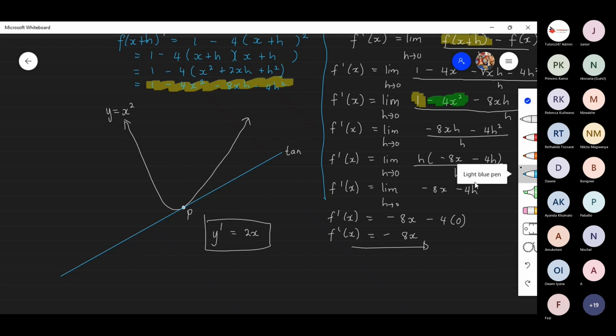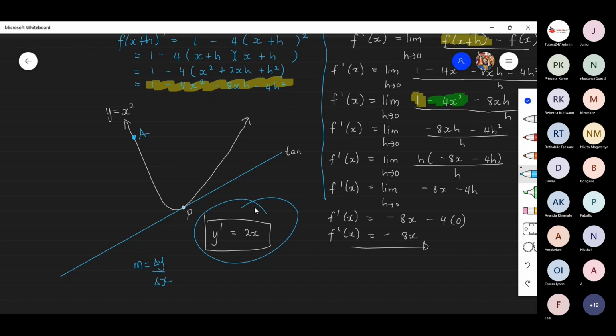So let's call this point A. If you wanted to find the gradient at point A, you would use this. Keep in mind, we won't use m equals change in y over change in x. We can just use the equation of our derivative in order to find the gradient at each point.